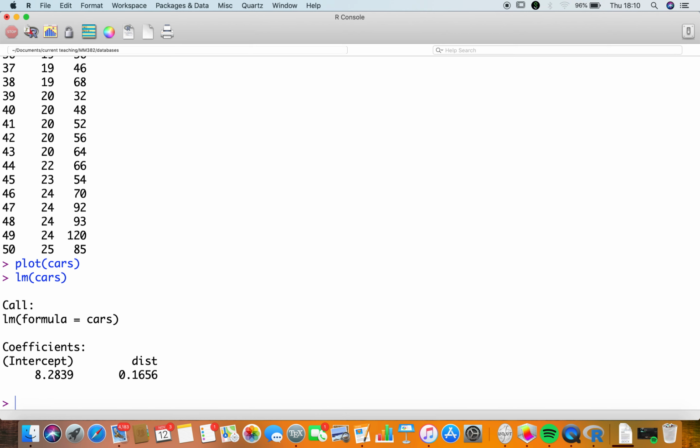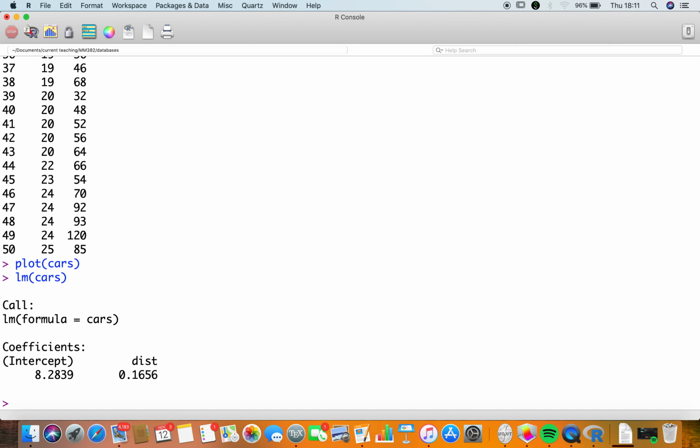LM cars, if I do that, here's the formula. The intercept is the A number, and the other number is the slope. What's very important here, folks, is that this formula outputs speed is equal to 8.2839 plus 0.1656 times the distance.